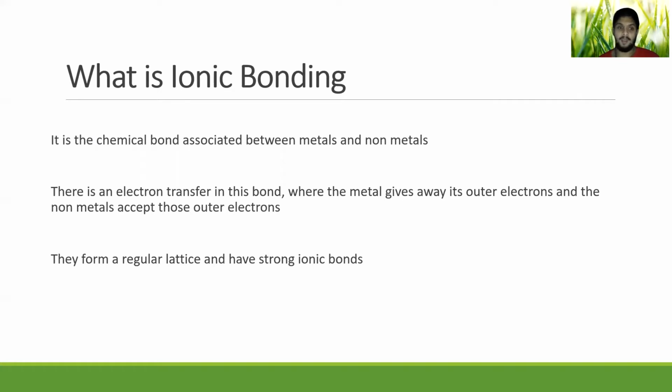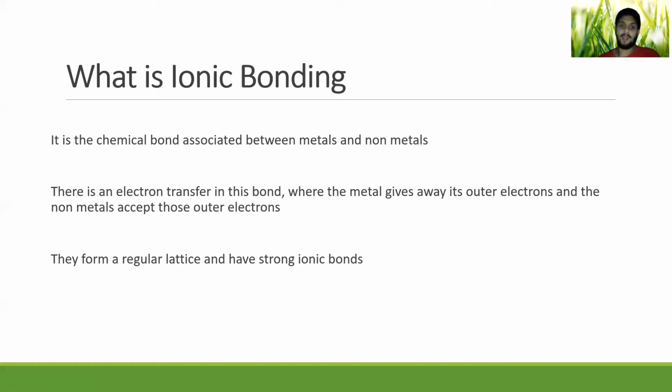The other point we need to know is that these ionic bonds form a regular lattice. Lattice means a particular regular pattern that is followed throughout the structure. We made life easy: without saying regular pattern going here and there, we just use one simple word, lattice.